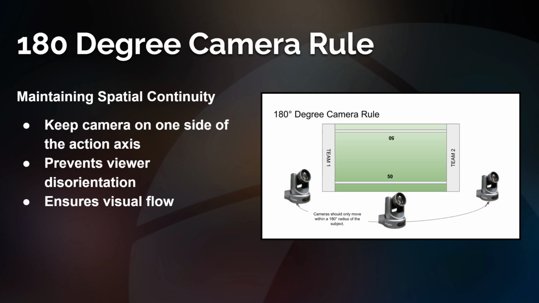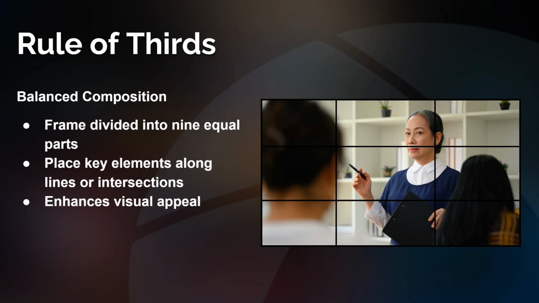Like, for example, it would be okay after a play has developed during a timeout to show a video camera from the other side of the field. That's okay, because you're not disorienting viewers during the middle of a play. You're showing them a new view that's engaging and different. So it's important to understand these rules so that you can break them intelligently and keep up with user expectations.